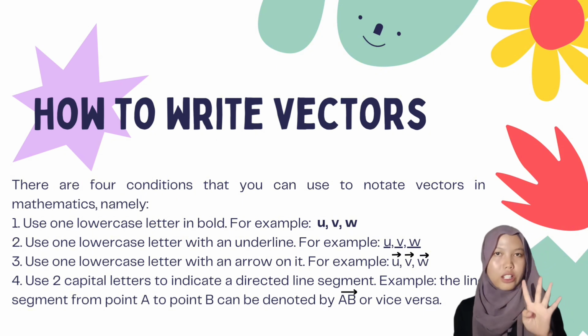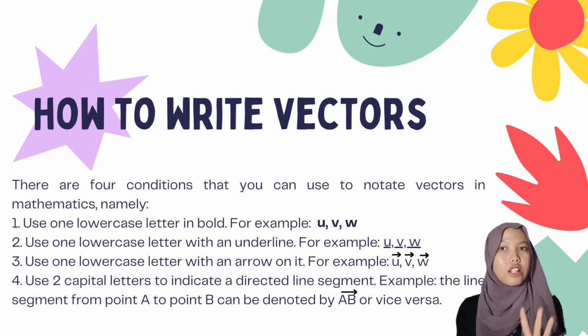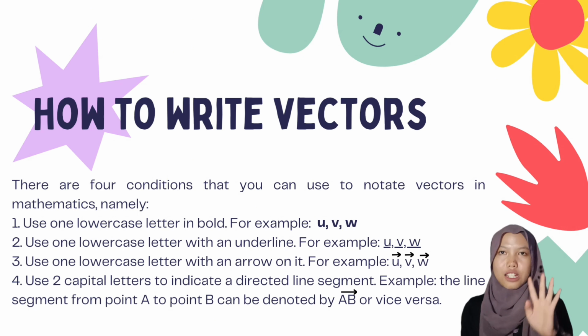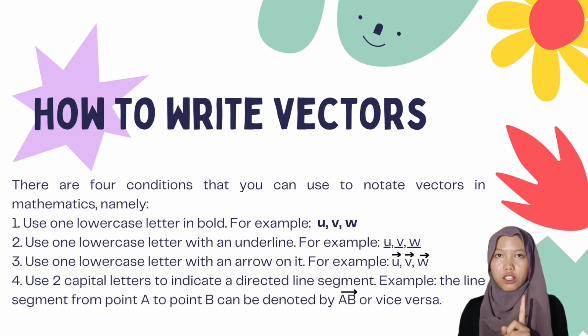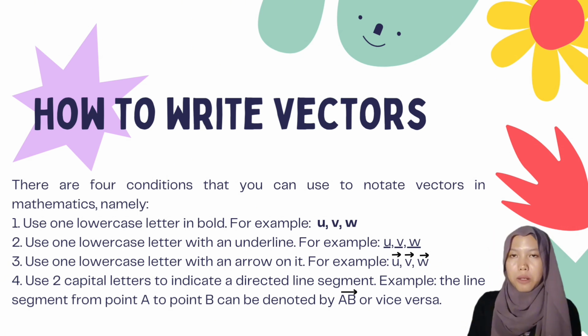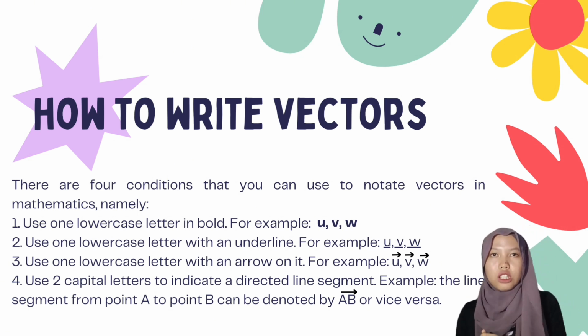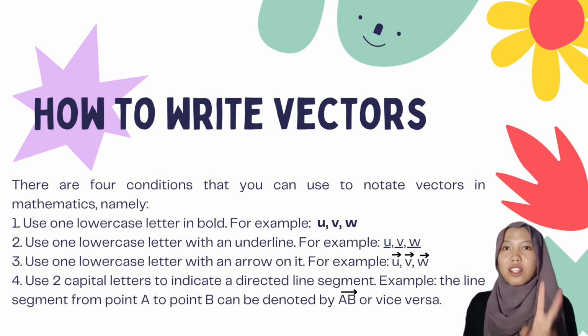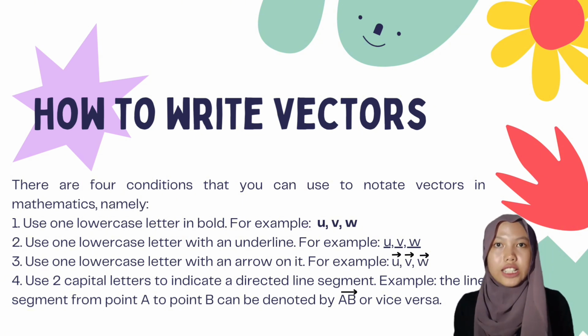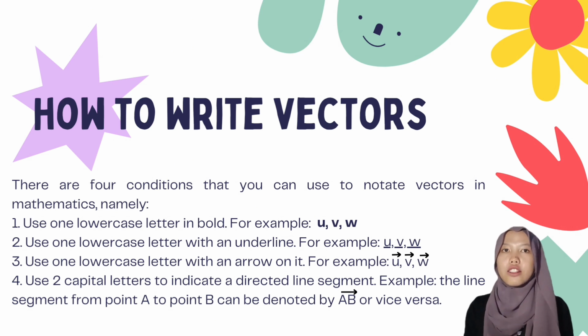There are four conventions that you can use to notate vectors in mathematics. Namely, first, use one lowercase letter in bold, for example u, v, and w in bold. Second, use one lowercase letter with an underline.